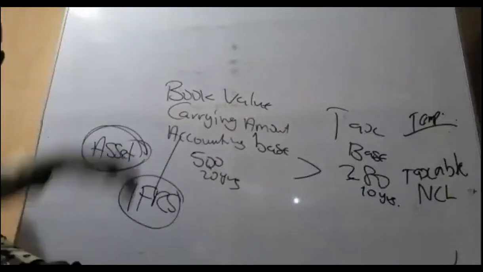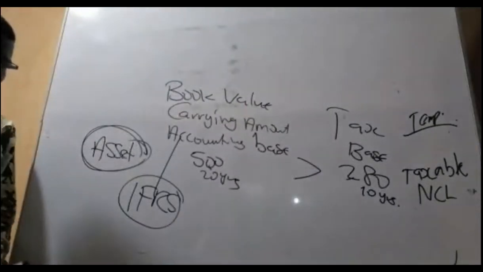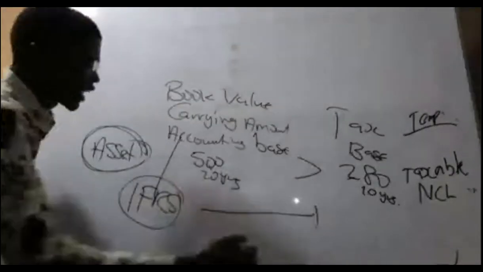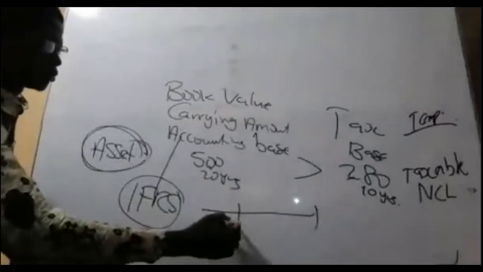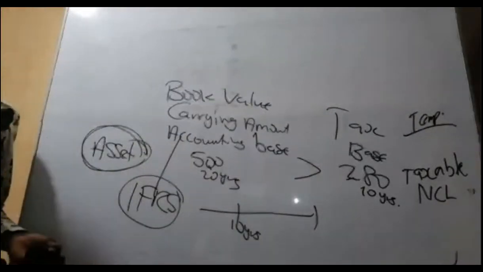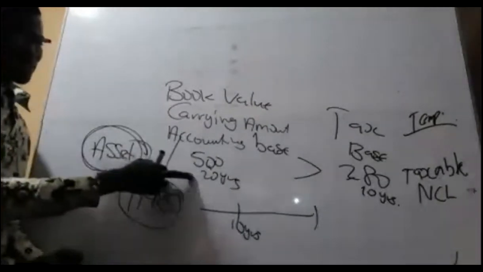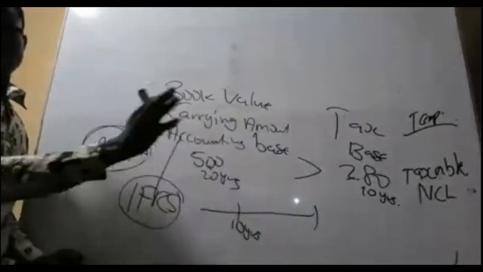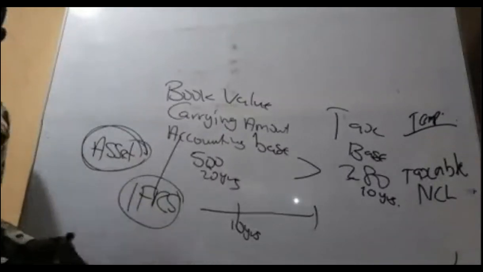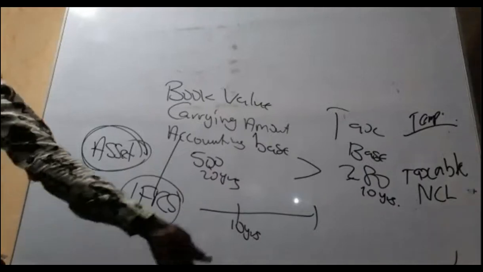That's why their value drops huge, but here the value does not drop because it will last long. In 10 years' time, it will be off the taxman's books, but the accountant, after 20 years, is also done. So in the 21st year, nobody records that item as an asset.